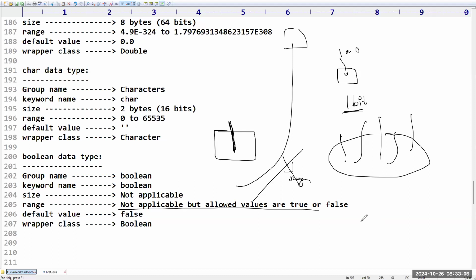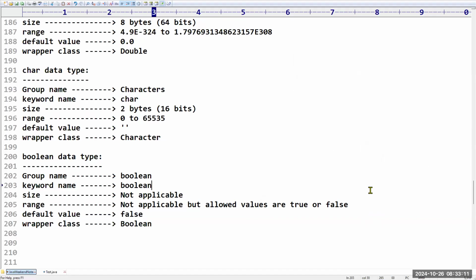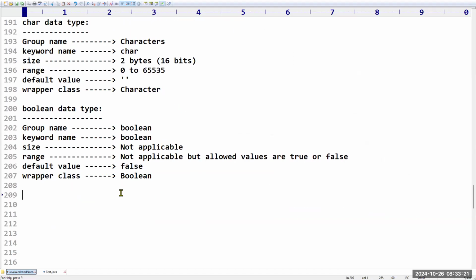Everyone understood the Boolean data type? Please confirm. Yes, sir. These are the basic data types we have. Any questions up to this? No, sir.